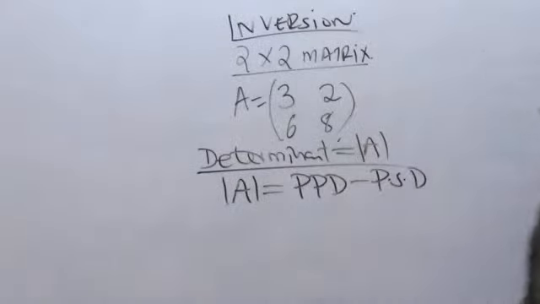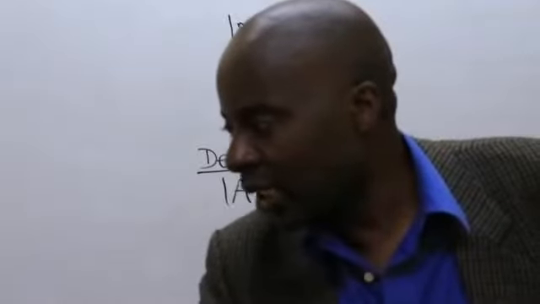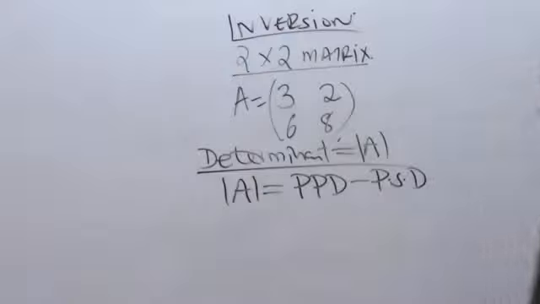The determinant equals product of primary diagonal minus product of secondary diagonal. I can see Benjamin has also remembered that formula very fast. Even Dionysius.